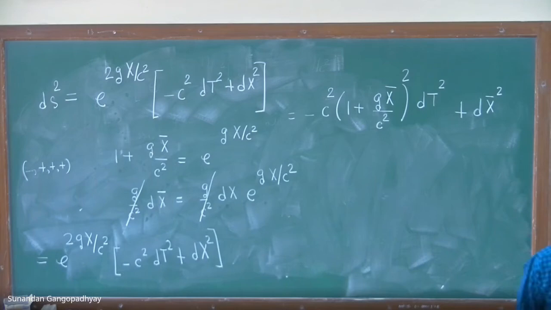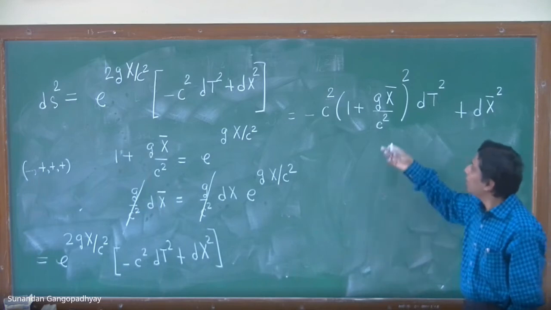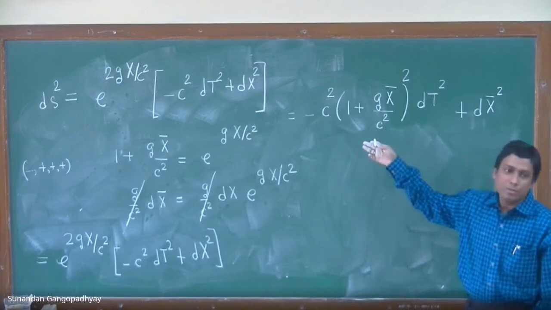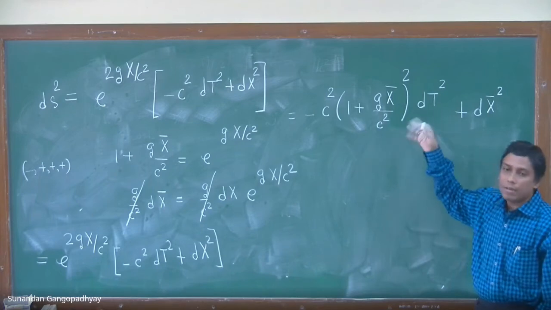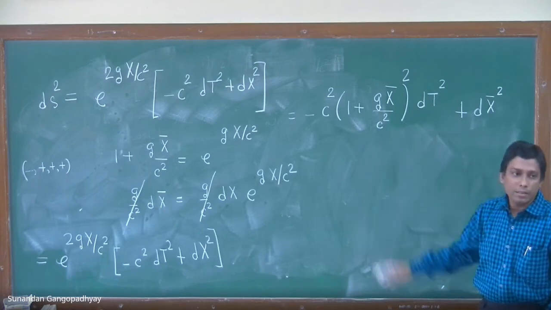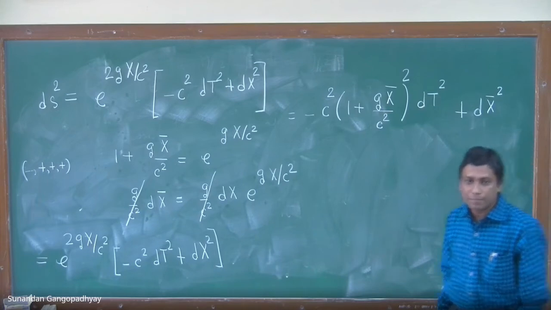Somehow it is curved. This is a good point that Sabu is mentioning. You can already see that your metric is not flat. If you calculate the curvature, you will get a curvature here. It's a curved spacetime.